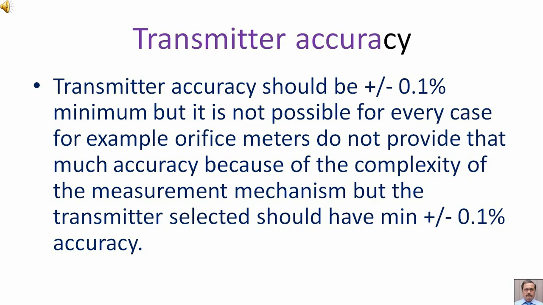Transmitter accuracy should be plus minus 0.1% minimum, but it is not possible for every case. For example, orifice meters do not provide that much accuracy because of the complexity of the measurement mechanism, but the transmitter selected should have minimum plus minus 0.1% accuracy.